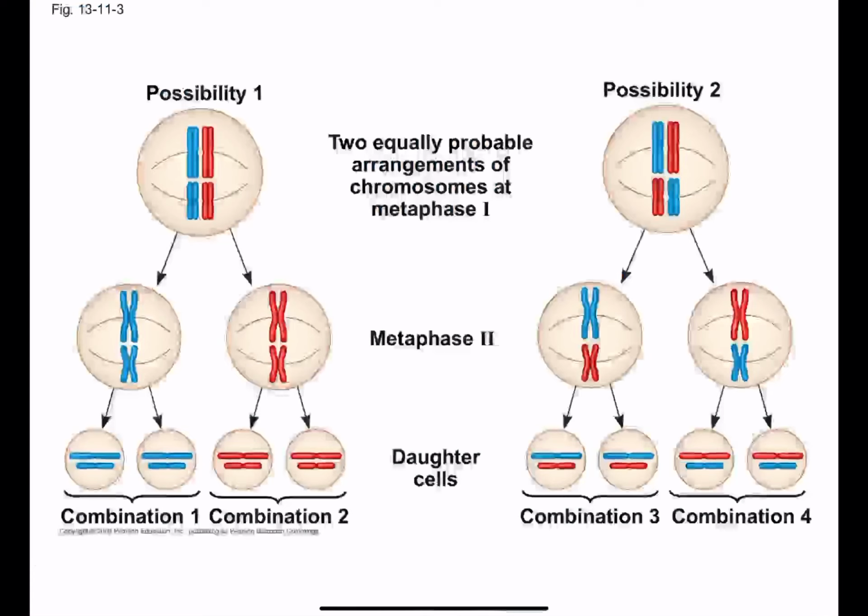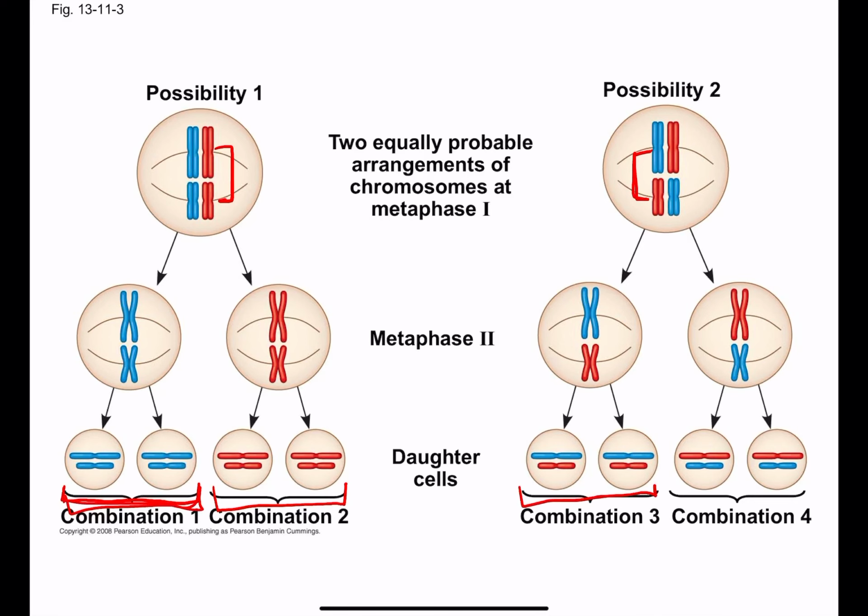This is a simple diagram again, but you see that we have different combinations based on the way that the chromosomes lined up. Here we've got a red and a blue. Here we've got 2 reds. So down here you've got a combination of 2 blues or 2 reds. Down here you have different combinations.